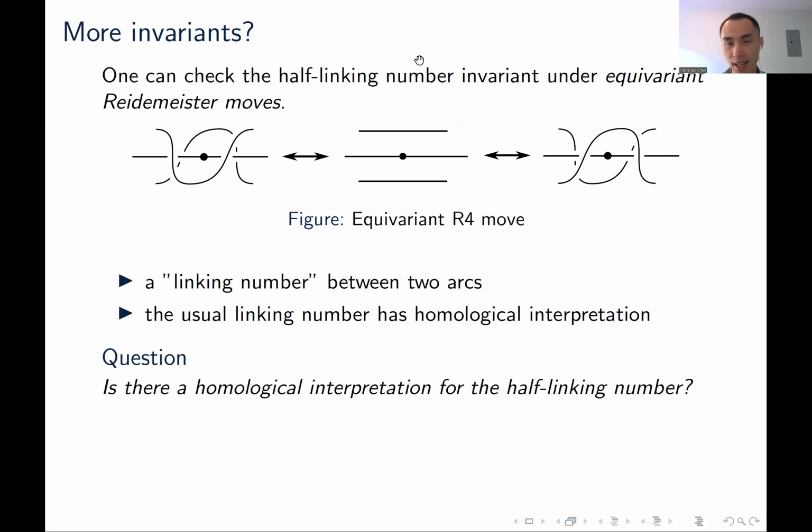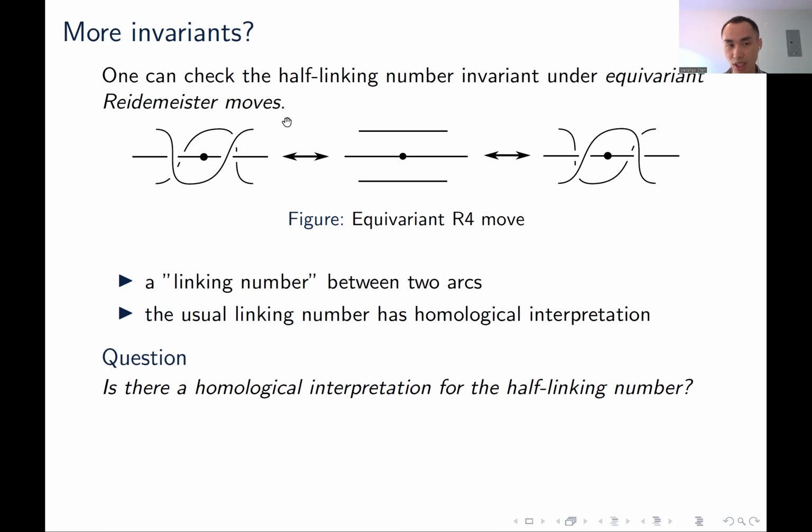And basically, you can check that the half linking number is an invariant of the snack by verifying that it is invariant under a set of equivariant Reidemeister moves. Any two symmetric diagrams of a snack are connected by finitely many equivariant Reidemeister moves. And you have seen an equivariant Reidemeister 1 move.